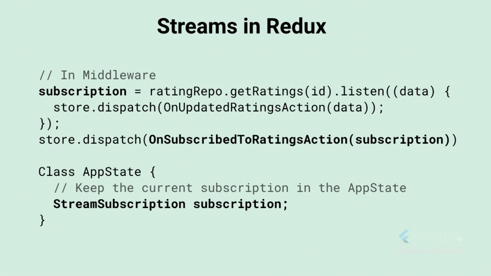So maybe after the talk, you can find me and say, oh, I have a better idea for you. So what we do is this. We subscribe, doing a listen to the list of ratings. Remember that this was returning us a stream of ratings. So we listen to it, and every time we get some data, we dispatch this on update ratings action, which is updating our app state.